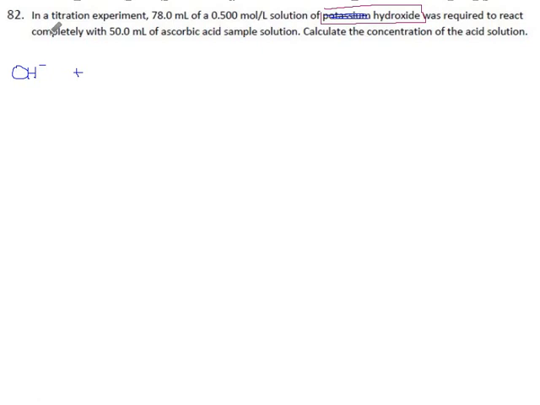And it is required to react with ascorbic acid, also known as vitamin C. And in my data book, that is H2C6H6O6. So it's an acid, and C6H6O6 is the ascorbate part that is not going to change.